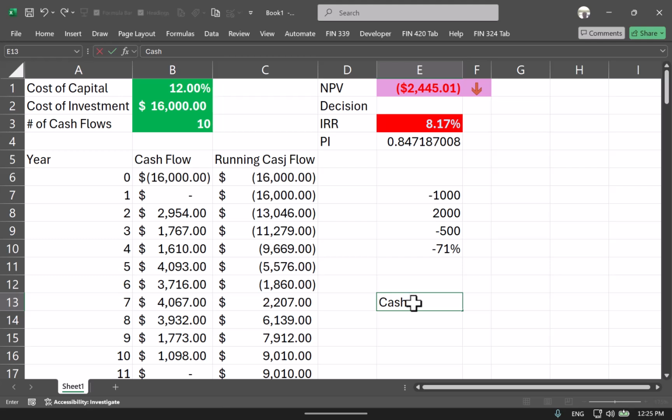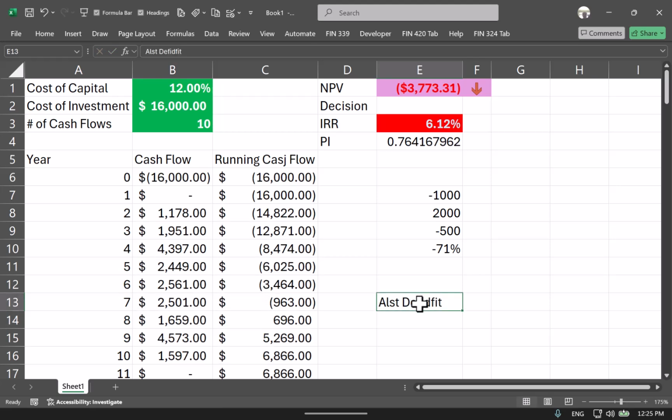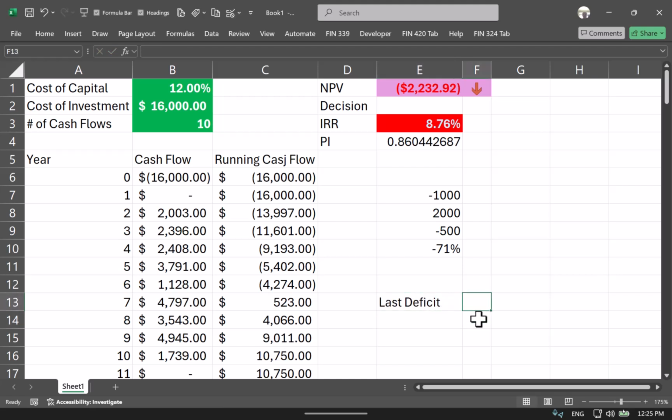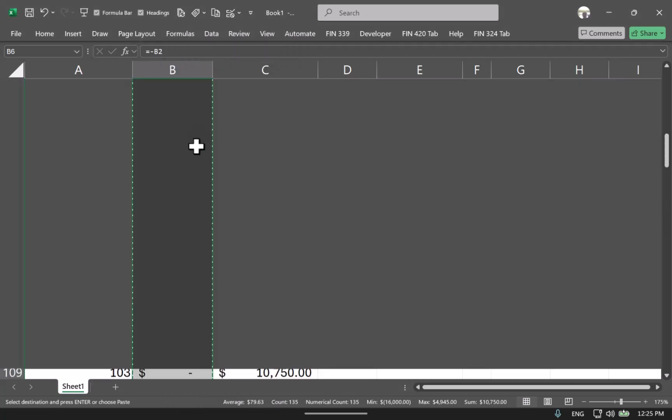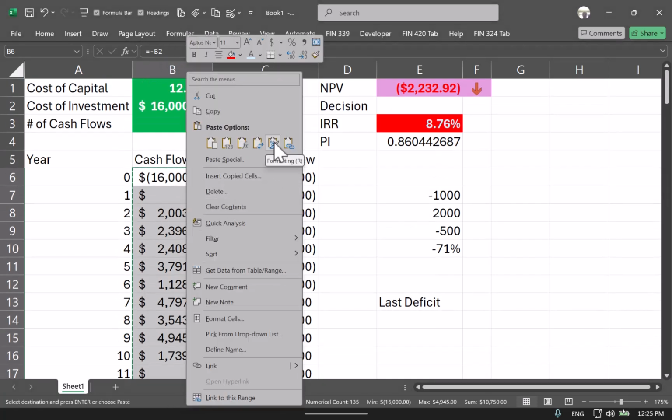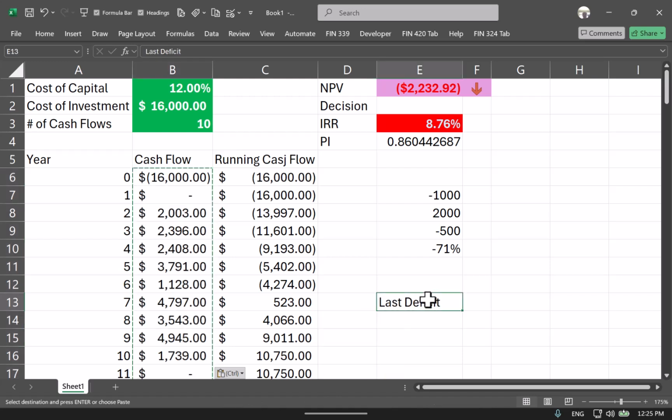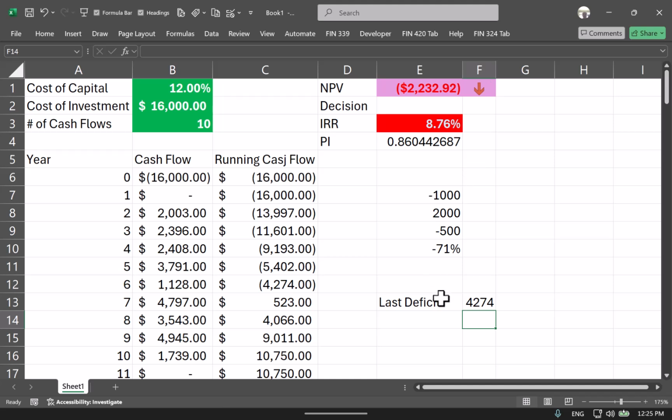So payback period would be, let's do this, last deficit. Let me fix these numbers. So at the end of year 6, I still had 42.74 to collect.